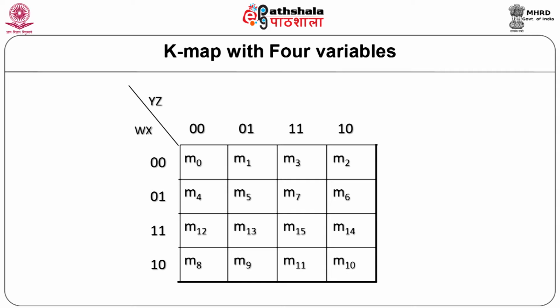A rectangle of 8 squares will represent a product term of 1 literal, thereby simplifying the remaining 3. Whereas, in the best case scenario, you can have a pair, a quad or an octet containing 2, 4, 8 or 16 elements in this K map or a group.